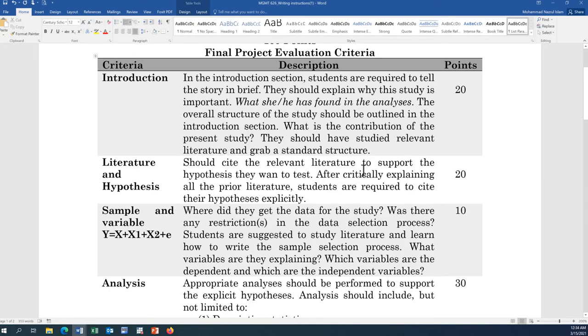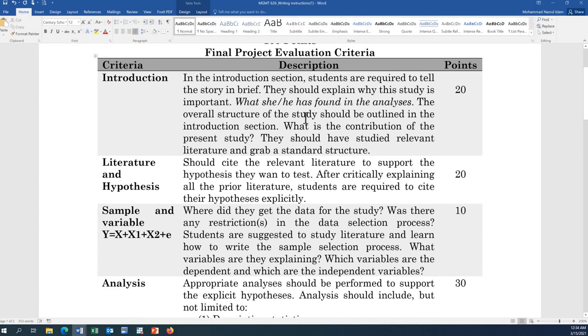And let me see what we expect from the introduction. In the introduction section, students are required to tell the story in brief. They should explain why this study is important, and why he or she has found what she or he has found in the analysis.